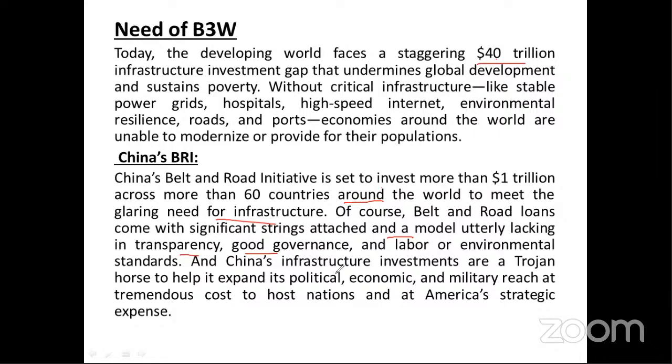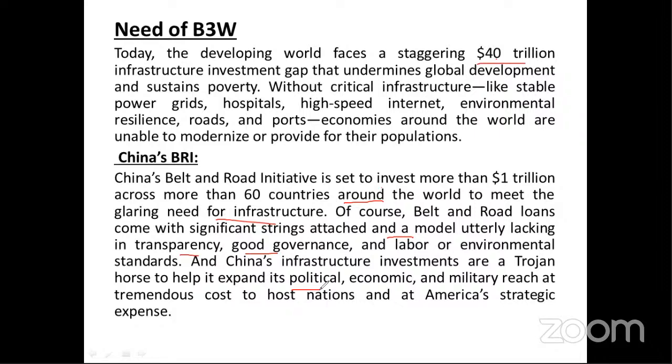China's infrastructure investments are said to be a Trojan horse, to help expand political, economic and military reach at tremendous cost to the host nation and America's strategic expense. So the Belt and Road Initiative clearly indicates that the main objective is to be dominant in those areas.